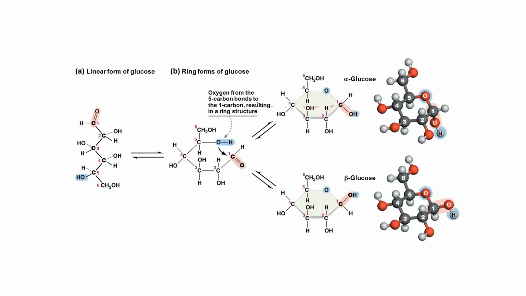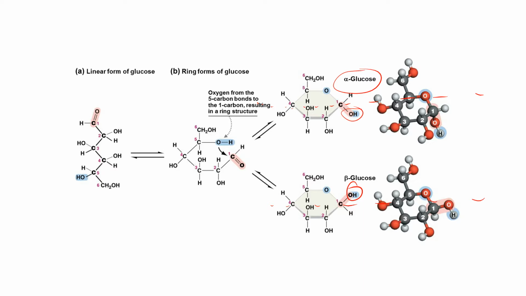So create a plane line. If this OH group is below the plane, it's an alpha glucose. Because this sugar is glucose and this OH group is below the plane, it's labeled as alpha. Your beta glucose, it's above the plane. It's a glucose molecule, but this OH group is above the plane.